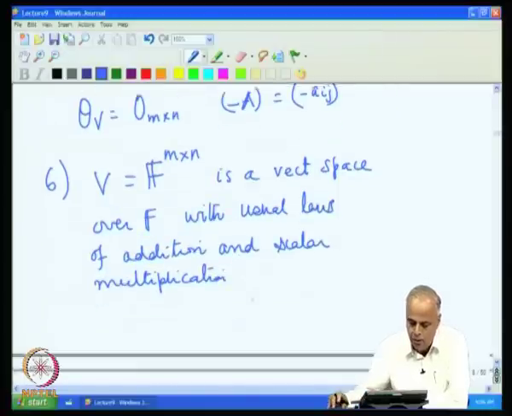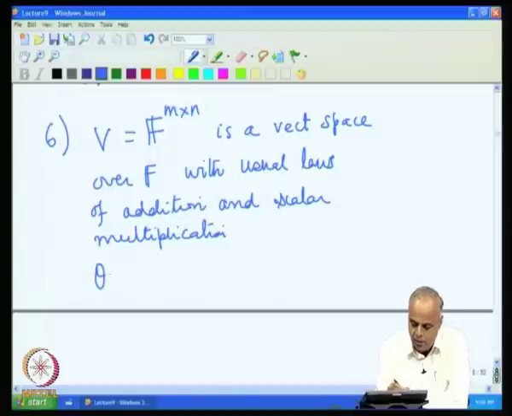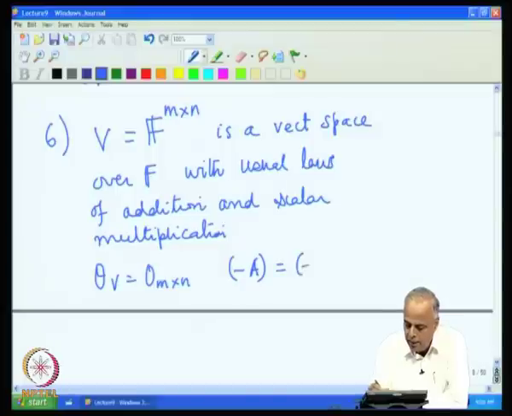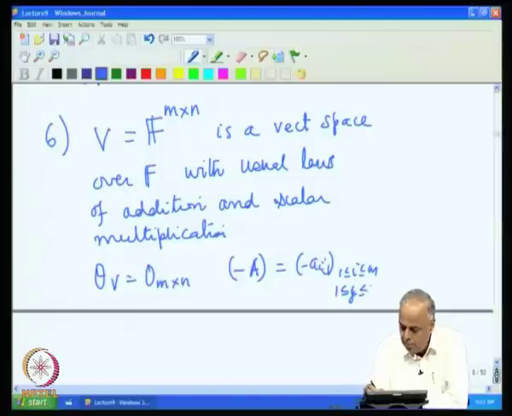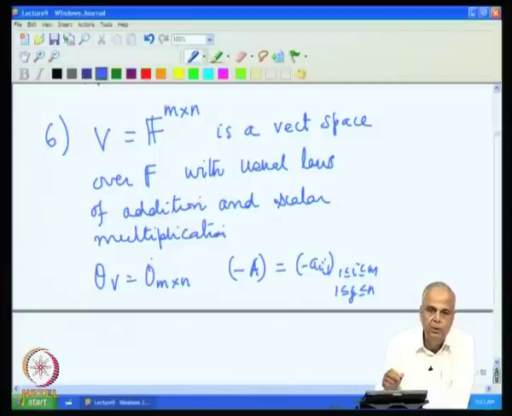Once again, in this vector space, the 0 vector is the 0 m by n matrix, and minus A is minus A_ij, where the minus A_ij has to be taken as per the negative rule in the field F.